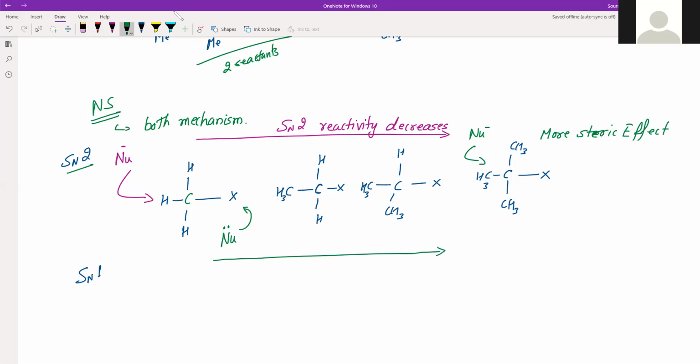Obviously, if SN2 decreases, that means SN1 will be favored, or SN1 reactivity increases. So in general, a 3-degree carbocation will favor SN1 and will not favor SN2, right? So that is the reactivity order.